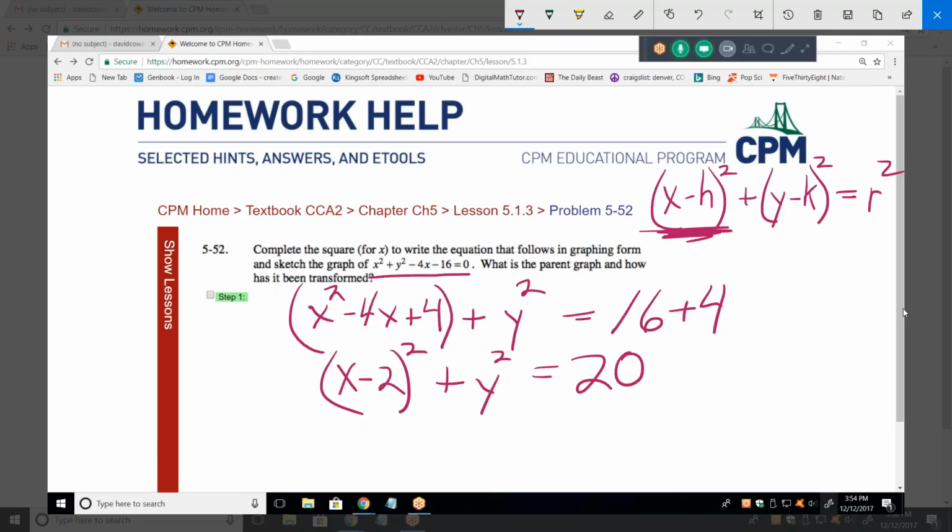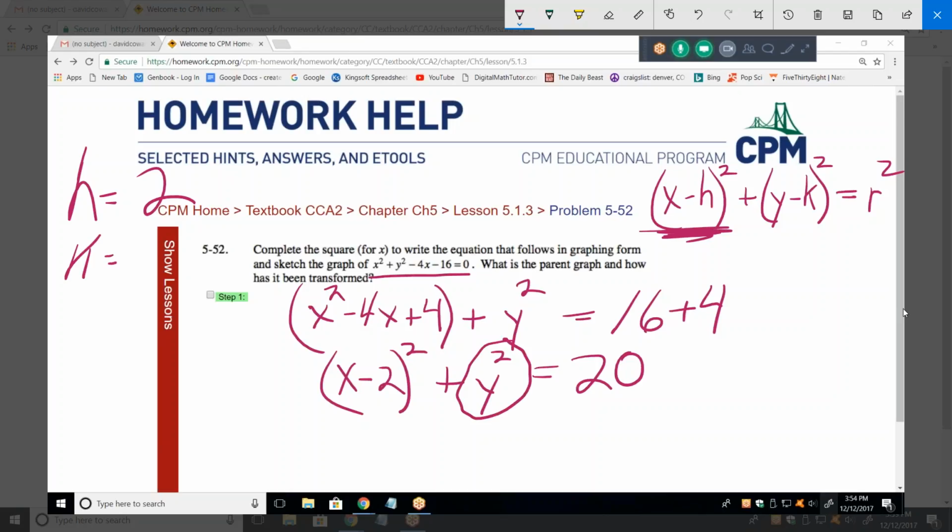It's always, no matter what you're dealing with, whether you're dealing with quadratics that you're trying to get in vertex format, or whether you're completing the square on conic sections, it's always x minus h and y minus k. So where's the center of the circle? What's h? H is 2. What's k?